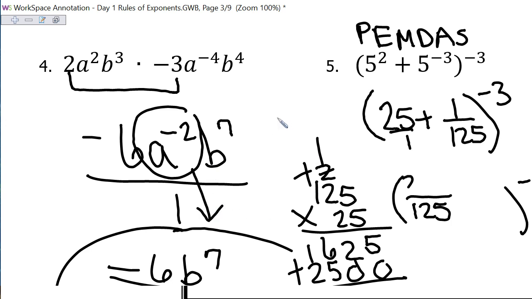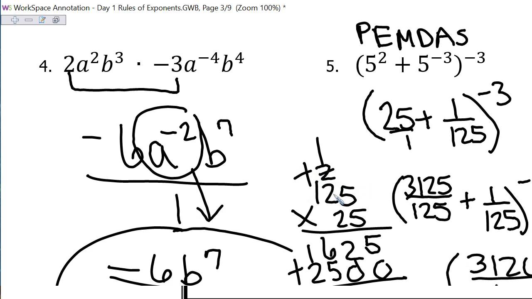She was right, 3,125. Plus 1 over 125. And now that I have a common denominator, now I can add the numerators. So 3,125 plus 1 would be 3,126 over 125 to the negative 3 power.